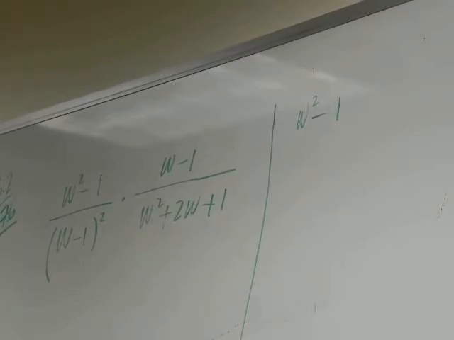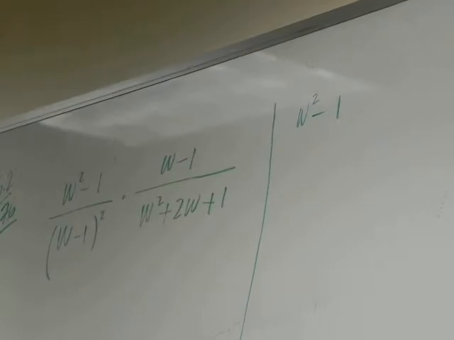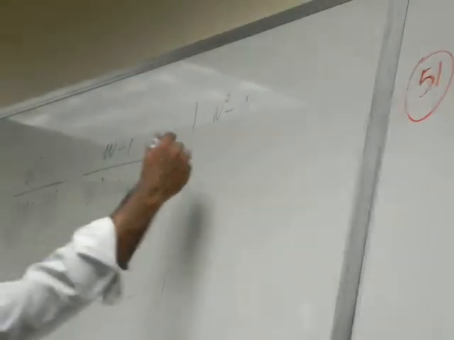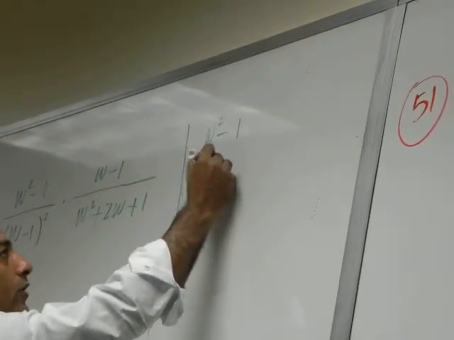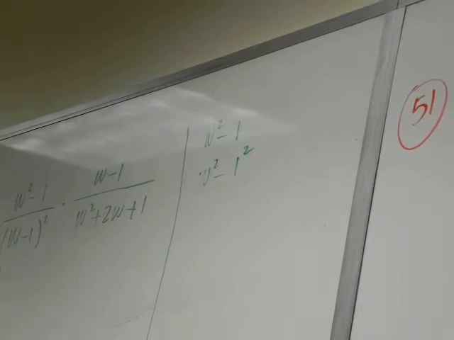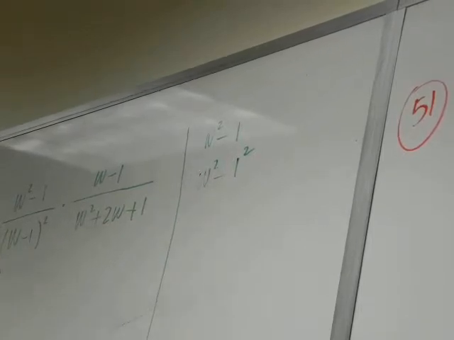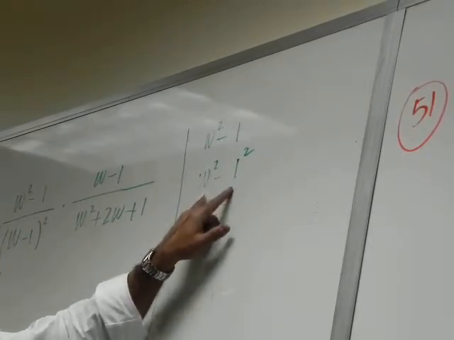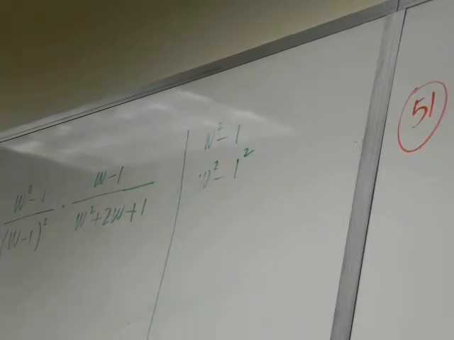Difference of squares. Remember, 1 can be multiplied by itself any number of times, it will always be 1, right? So can I also rewrite this as w squared minus 1 squared? Would that be the same thing? Yes. Now it looks like a difference of 2 squares. What are the two factors for a difference of 2 squares?